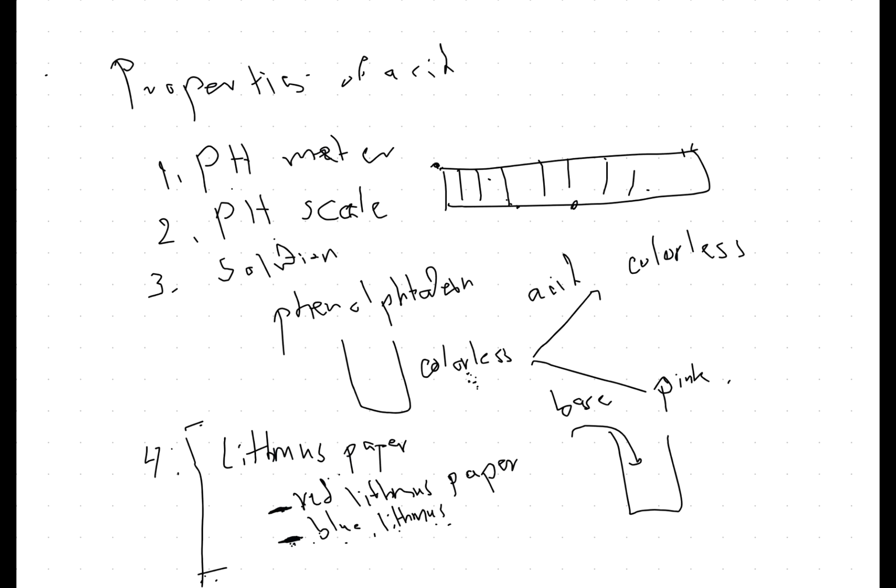Okay, and even when we make salad, do you know the red cabbage? Did you ever cook with red cabbage? Yes. Okay, this red cabbage, do you recognize what happens when we add lemon to our salad? Changes color.